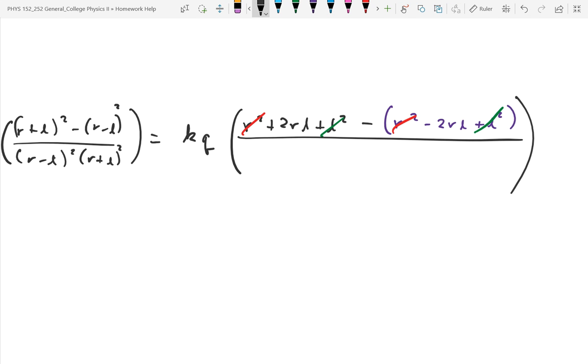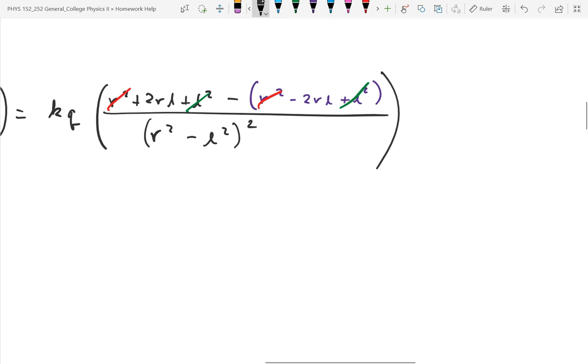On the bottom, (r minus L) squared times (r plus L) squared is going to be (r squared minus L squared) quantity squared, because r minus L times r plus L, the cross terms add out to 0, and then I have that times itself.